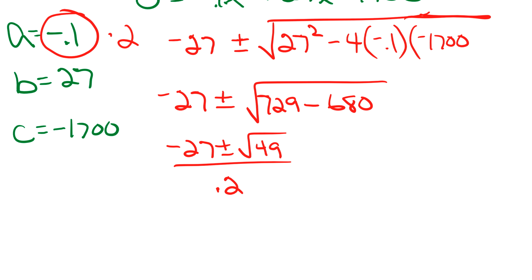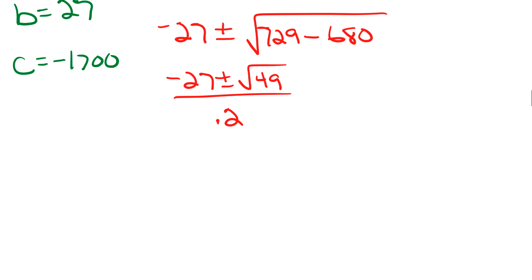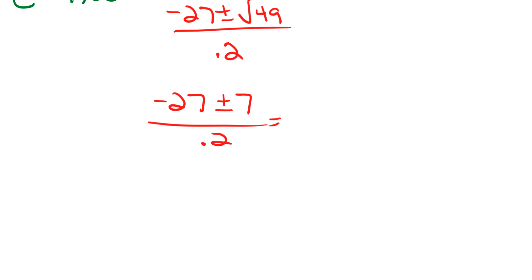All right, so let's see. Moving forward here, I'll bring this down, and we'll say this is negative 27 plus or minus 7 all over 0.2. Okay, let's split this up now: negative 27 plus 7 is negative 20 divided by 0.2.